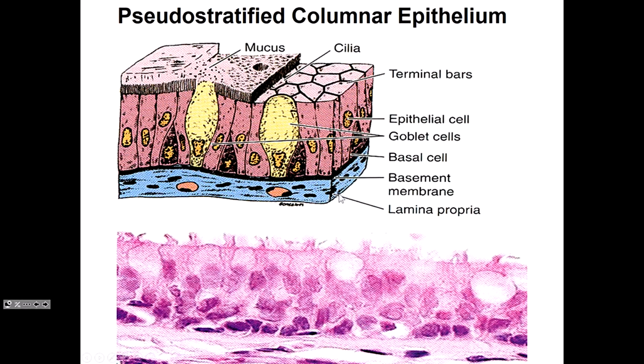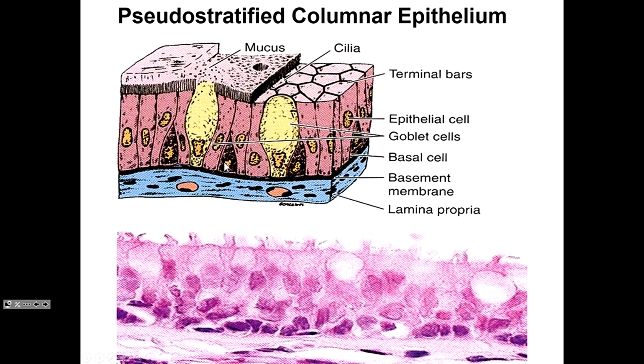Some of them pinch out, here, or here, here and here. But every one of these cells makes contact with the basement membrane. But because we have different cell types within this epithelium, sometimes the location of the nuclei gives the appearance of it being stratified, because this one's higher than this one down here. So it's falsely stratified, okay?